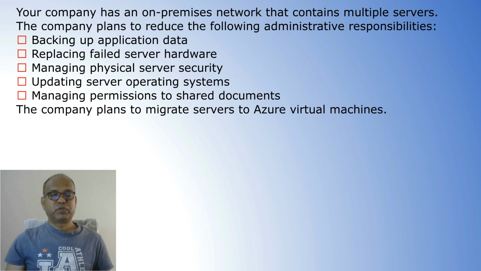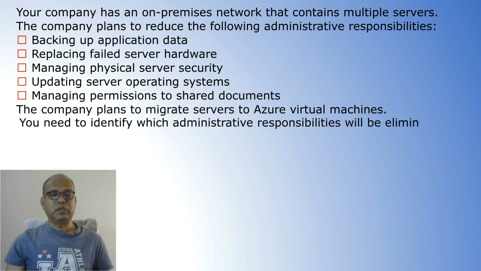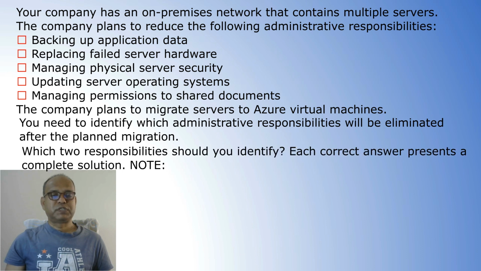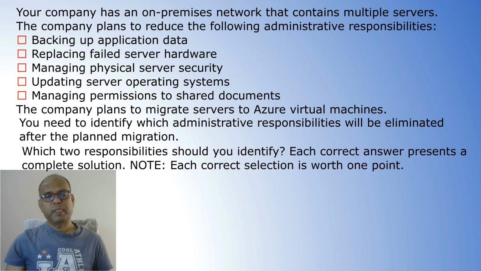The company plans to migrate servers to Azure virtual machines. You need to identify which administrative responsibilities will be eliminated after the planned migration. Which two responsibilities should you identify? Each correct answer represents a complete solution. Note, each correct selection is worth 1 point.